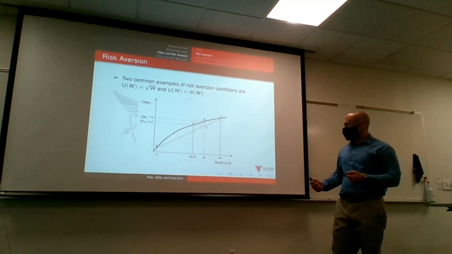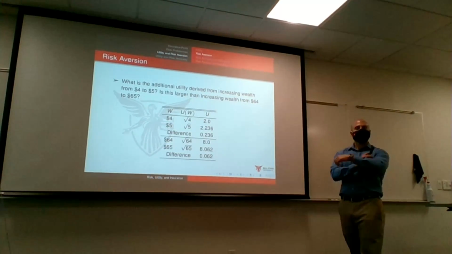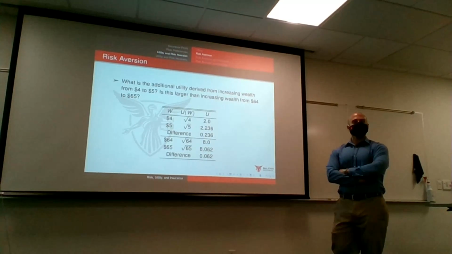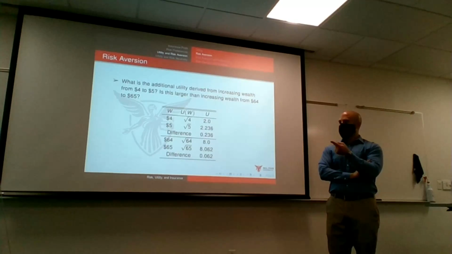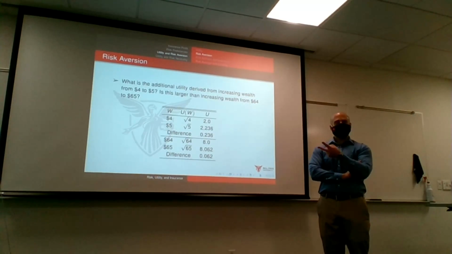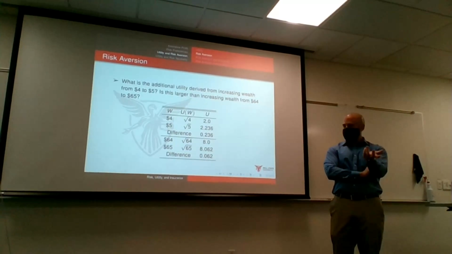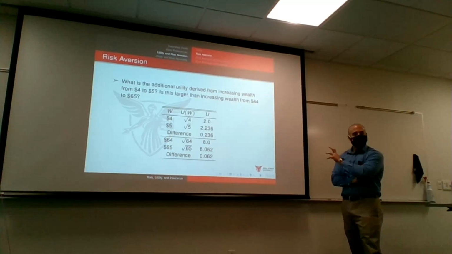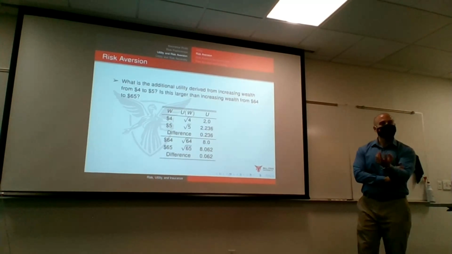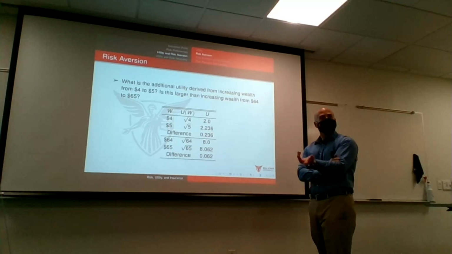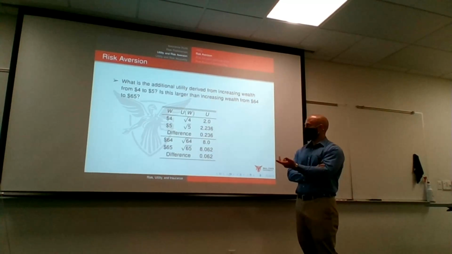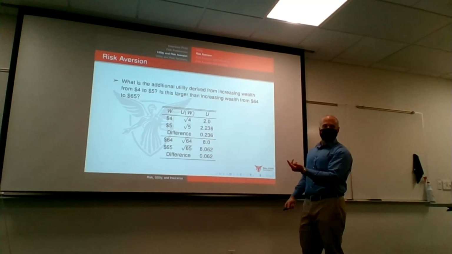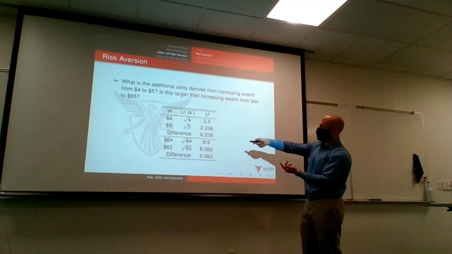If you prefer numbers, we have that here as well. So let's test to see if the square root function increases with wealth, but at a decreasing rate. That's what a risk-averse person does. Does this function map out what we assume? If it does, then we can use it to explain behaviors. Well, if we go from $4 to $5, our utility increases by 0.236.